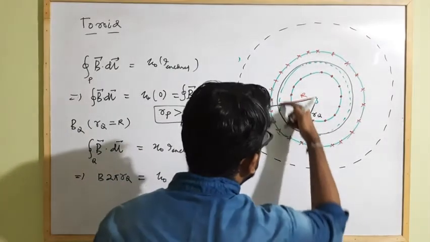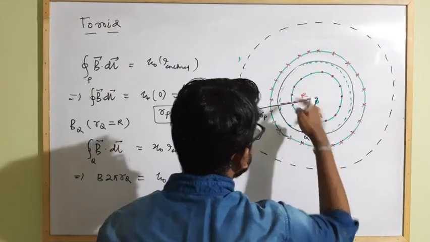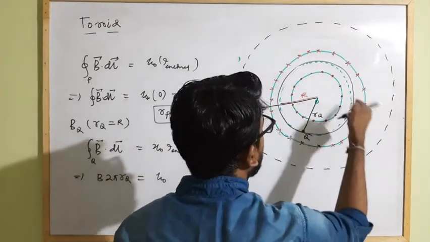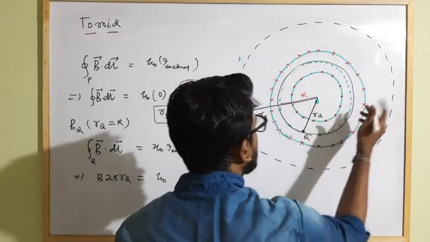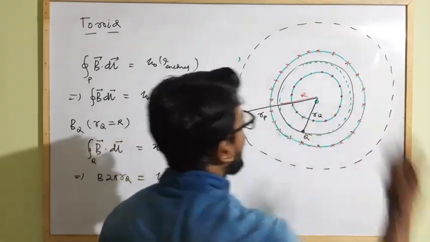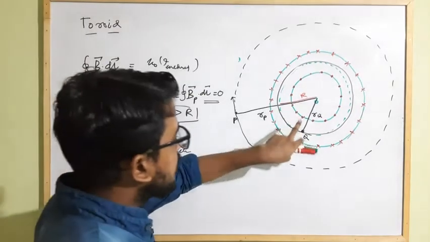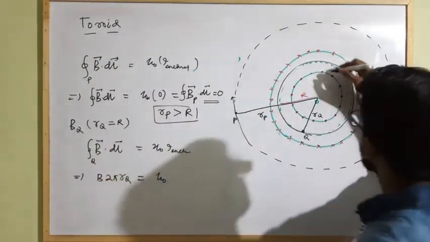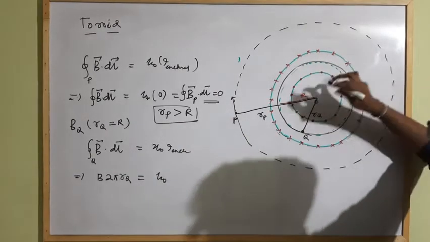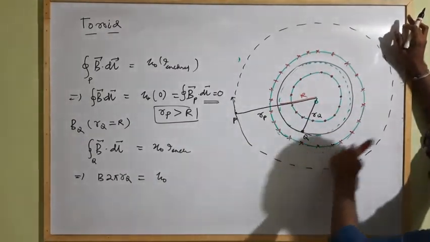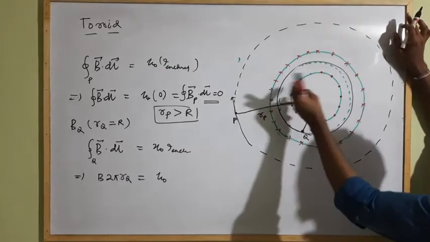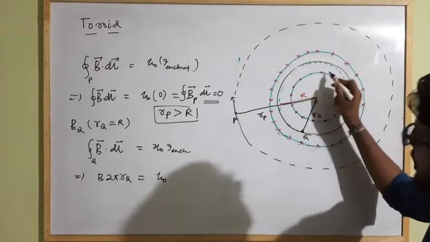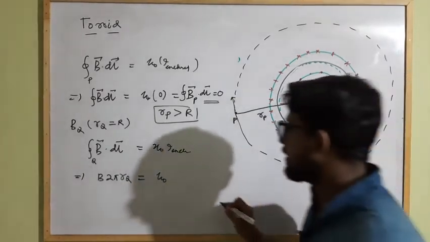For this Amperian loop, it carries current: all the currents which are coming out within it, and all the currents which are going in are outside the Amperian loop. So for this Amperian loop over the point Q, the I enclosed will be only the currents which are coming out, and all the currents which are going into the plane are beyond the Amperian loop. That's why the I enclosed will be this much only. Clear? So what is the I enclosed?